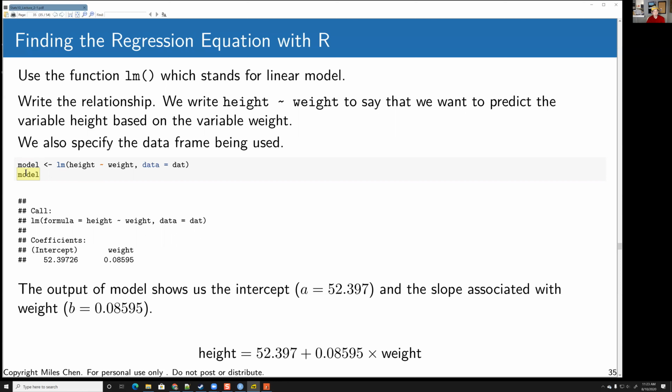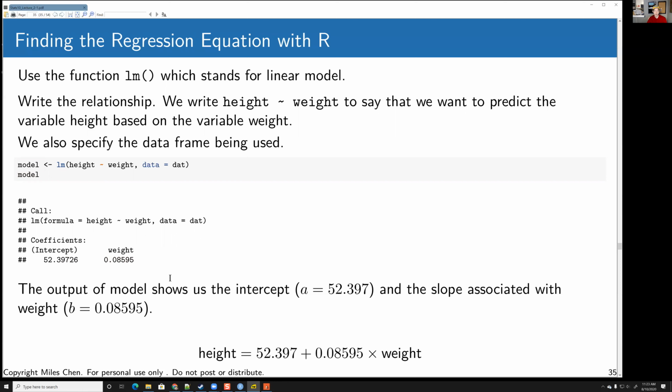When we ask what model is, it comes back and tells me that the coefficient, the intercept, is 52.39726, and the slope associated with weight is 0.08595.